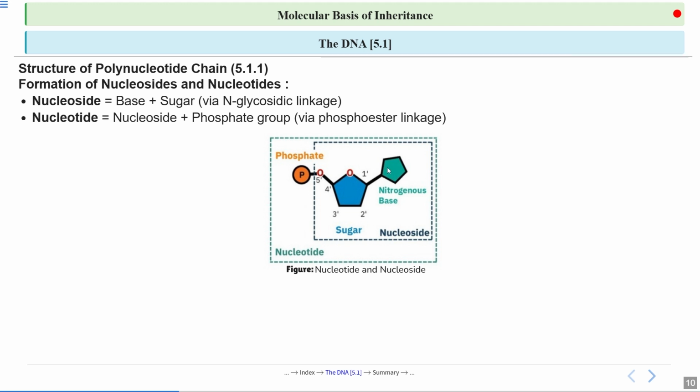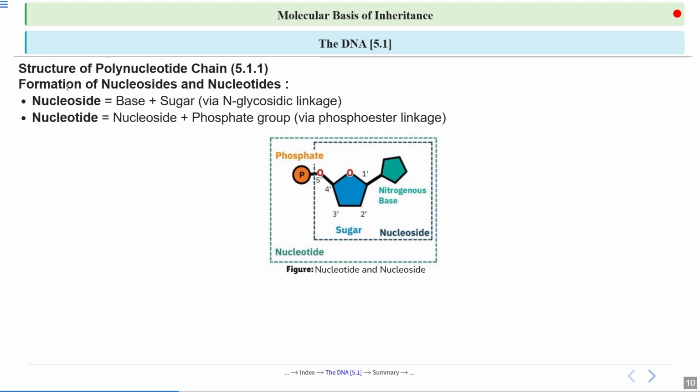Nitrogen of nitrogenous base, you can understand that is the N of the nitrogenous base. Now what is the anomeric carbon? Carbon that is part of the carbonyl group in sugar open chain form. So the carbon which is part of the carbonyl group in the sugar open chain form is called the anomeric carbon. So this is the covalent link between these two.